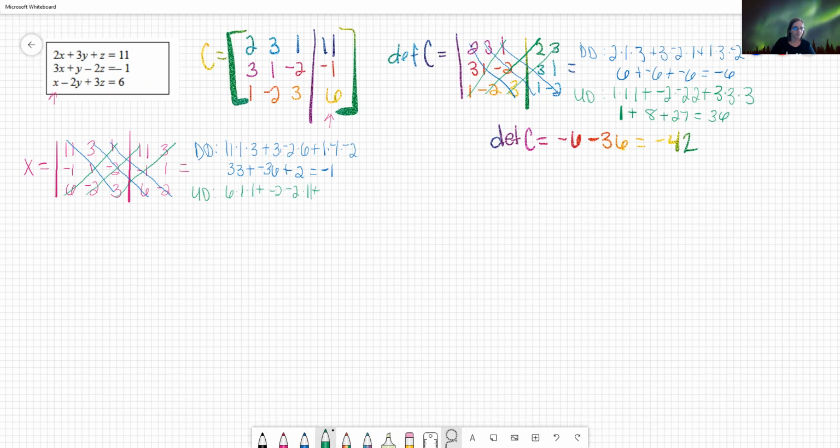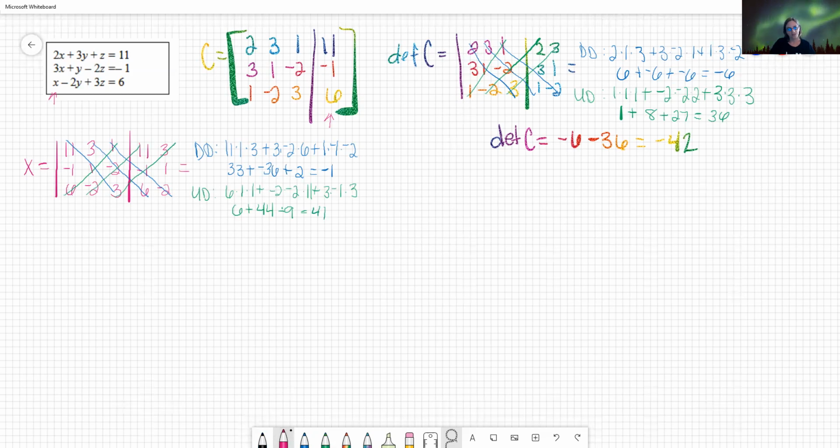I'm so sorry. 2, 2, 11. 3, -1, 3. 6 times 1 times 1 is 6, plus 2 times 2 is 4, times 11 is 44, minus, because this is going to be a -9. 6 plus 44 minus 9 is going to be 41.